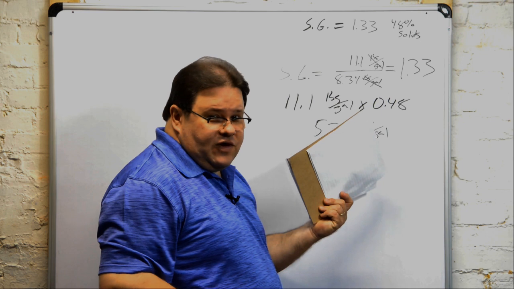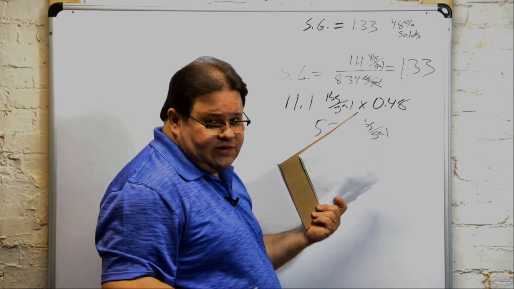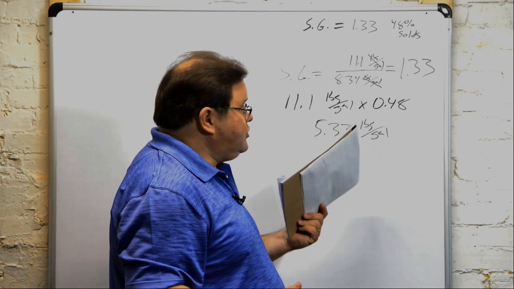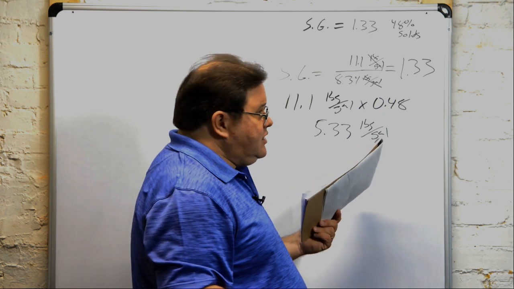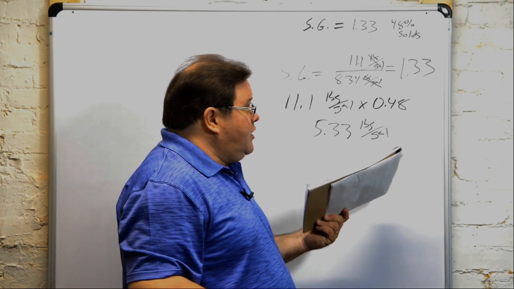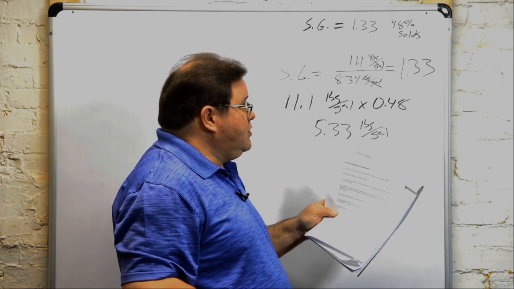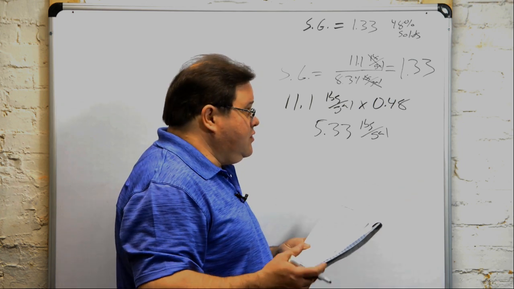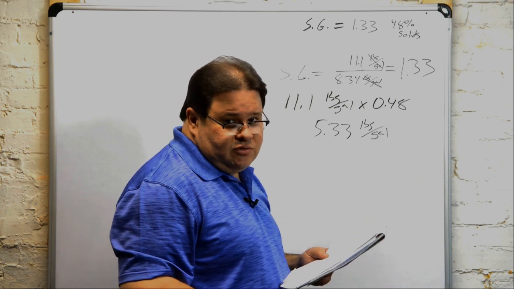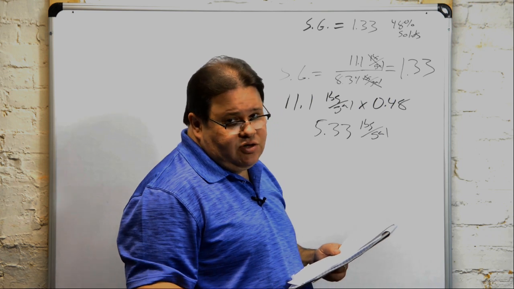Like I say, this is going to vary. Usually with aluminum sulfate, you've got a range of 48 to 50%. You can look at your C of A or your product data sheet to get this information, and you can recalculate your standard solution every time you get a new load if you want to.